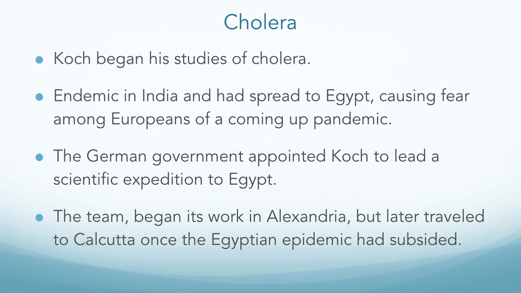The team consisted of 4 scientists who began their work in Alexandria. The team found that a water pump which supplied water to many parts of the particular area was responsible for the spread of the disease.